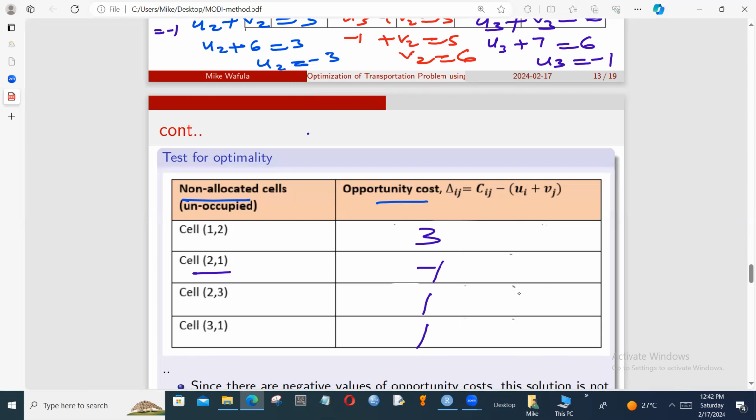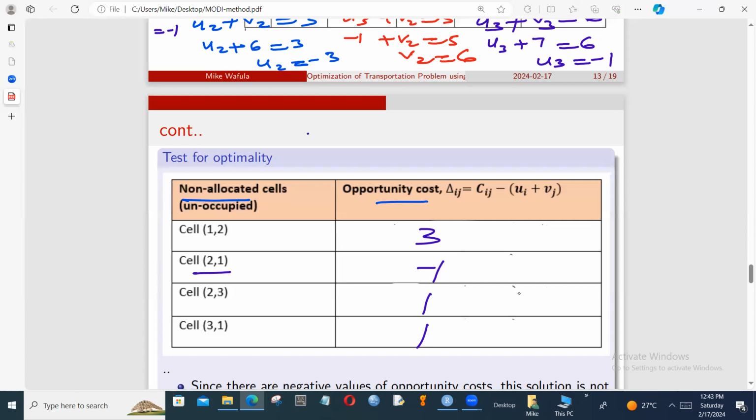That's correct. Now, it is upon getting this table that we can tell whether the 590 figure we got as our basic initial feasible solution is actually optimal.